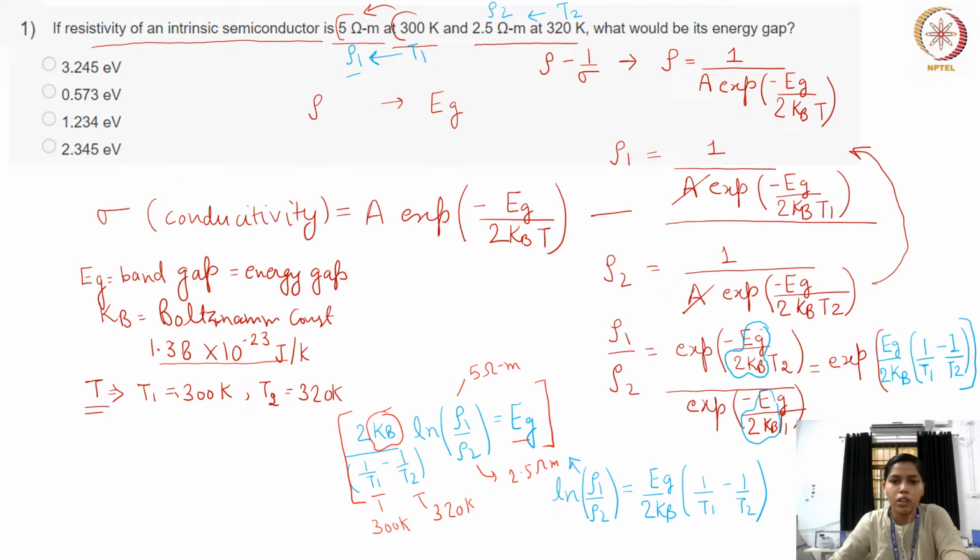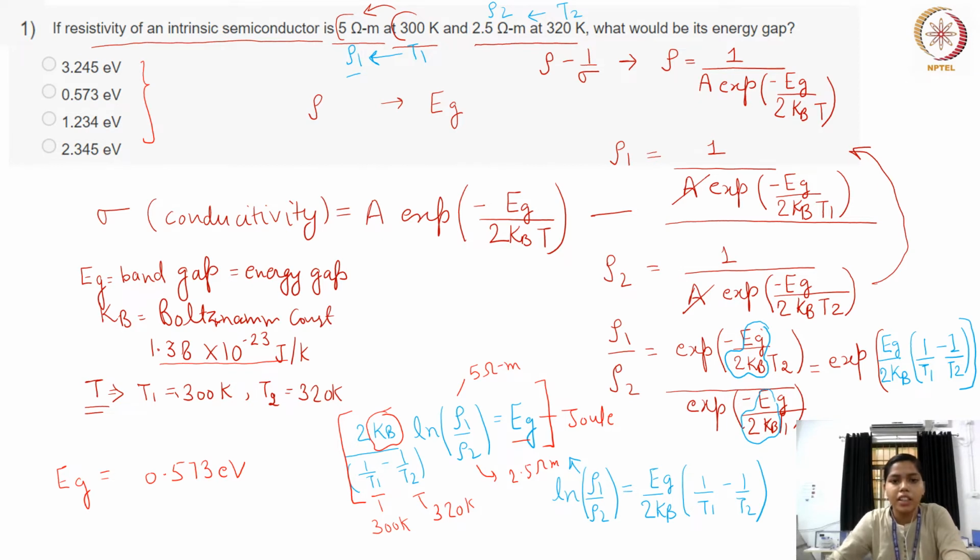When you put all these values, the answer for the band gap energy will be 0.573 electron volt. One more thing, when you calculate the value from this expression, you will get the energy in joule. But all the options are given in electron volts.